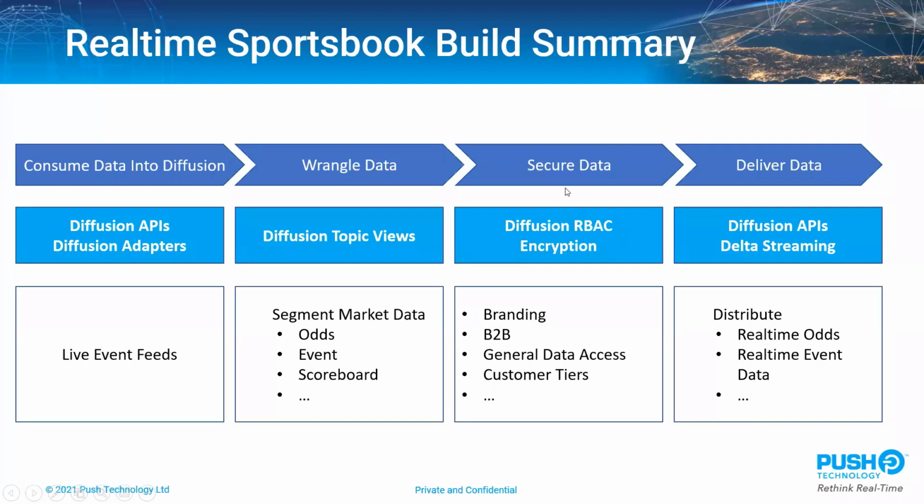And then securing that data with our role-based access control, supporting encryption of the data itself, allowing additional services for branding, B2B opportunities, general data access rules, and different custom and customer tiers into your sportsbook.